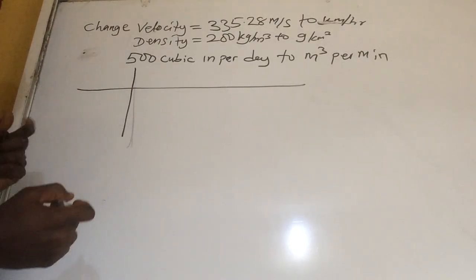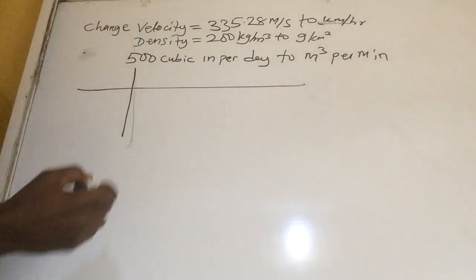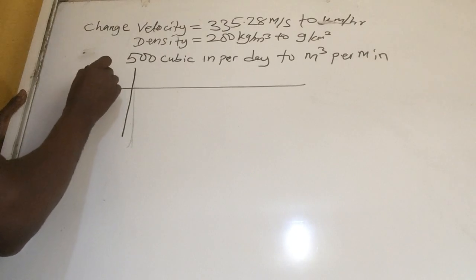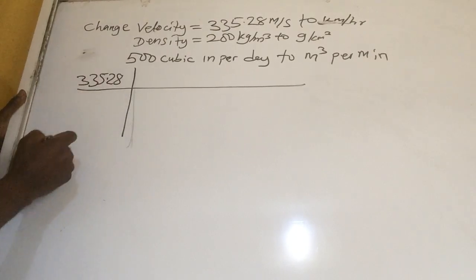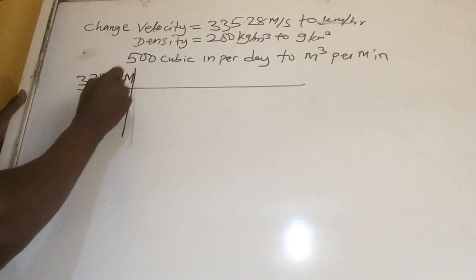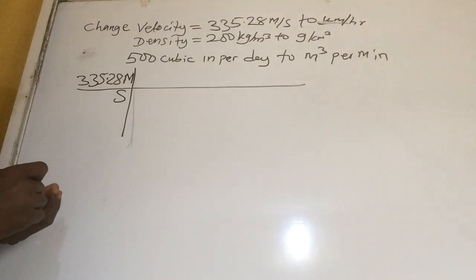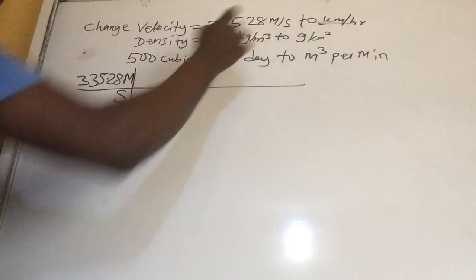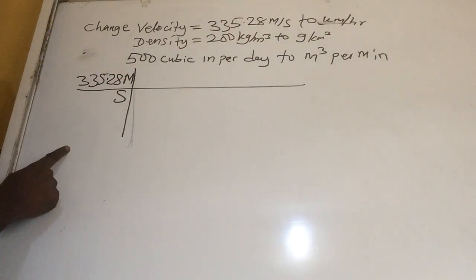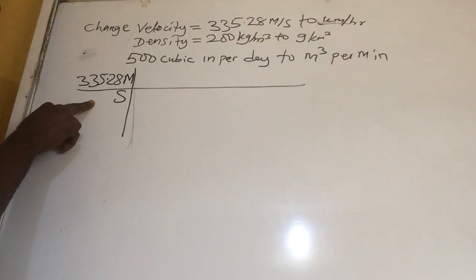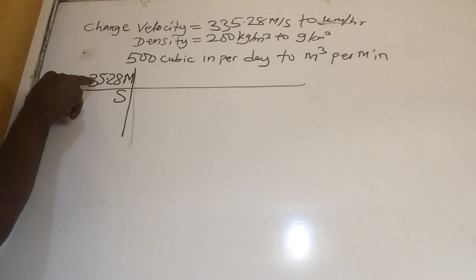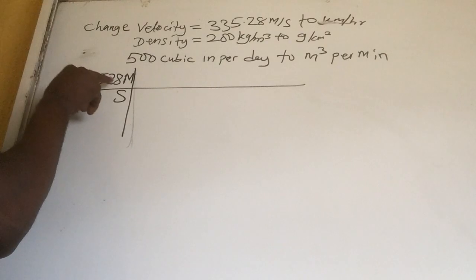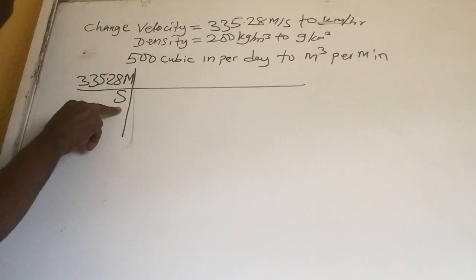Now, the first one that you want to change is 335.28 meter per second. Meter per second means meter all over second, just like a fraction: 335.28 meter all over second.